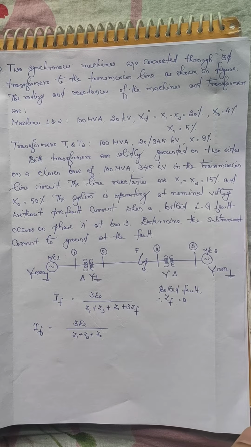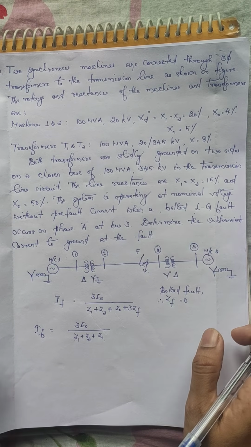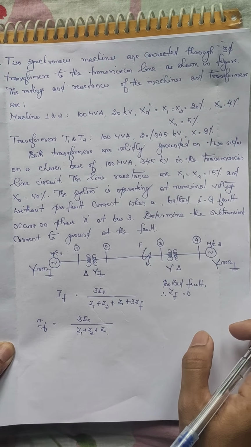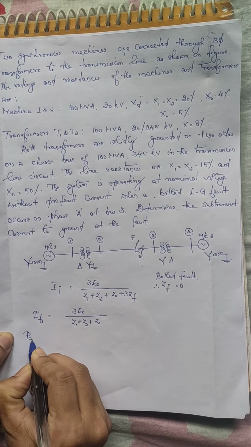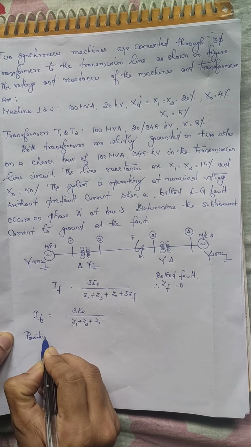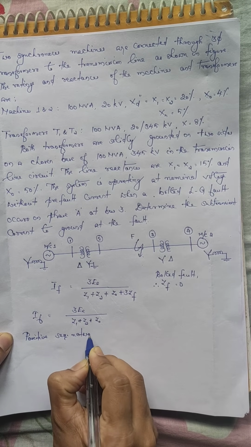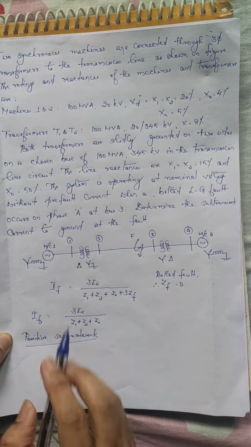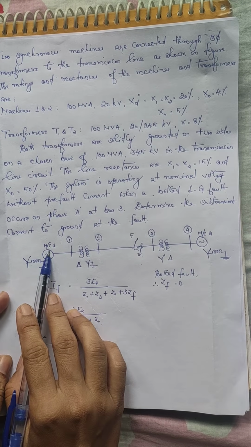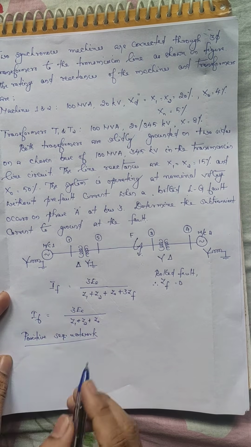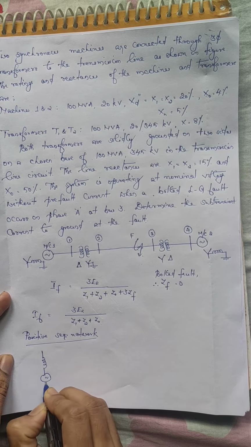So for that, let us draw the positive sequence network, negative sequence network and zero sequence network. First of all, let us draw the positive sequence network. We know the positive sequence network of a generator will have the positive sequence impedance in series with a voltage source.